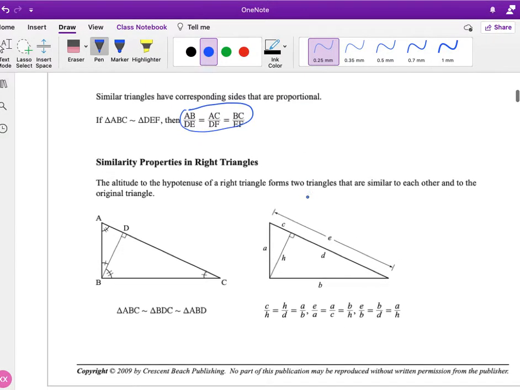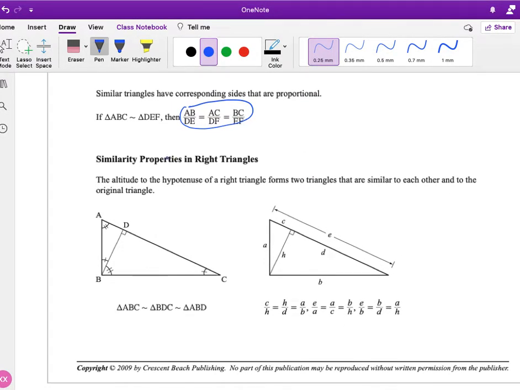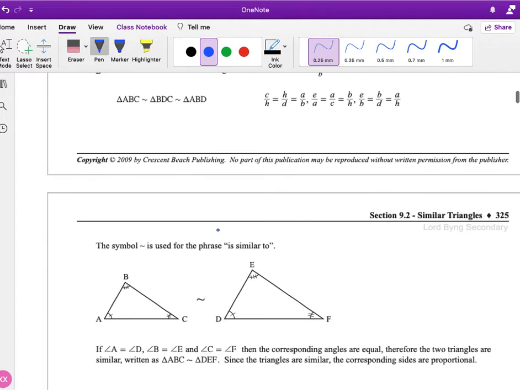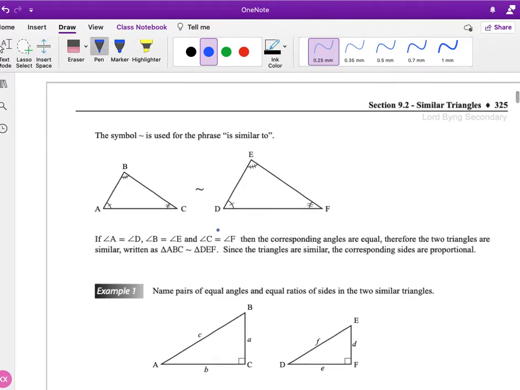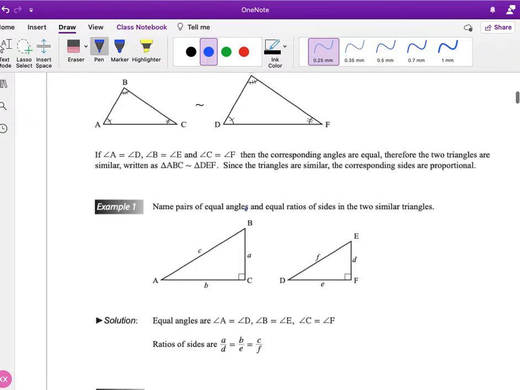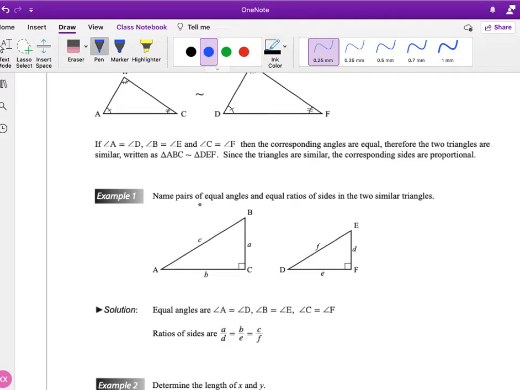We can use this as a property, meaning the nature of similar triangles, to calculate the different sides that are unknown. Let me give some examples. This is the symbol for "is similar to". Now let's take a look at here. Name the pairs of equal angles and equal ratios.